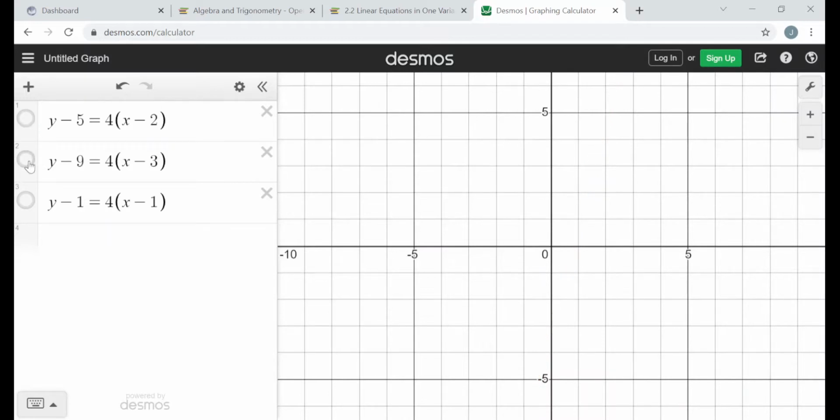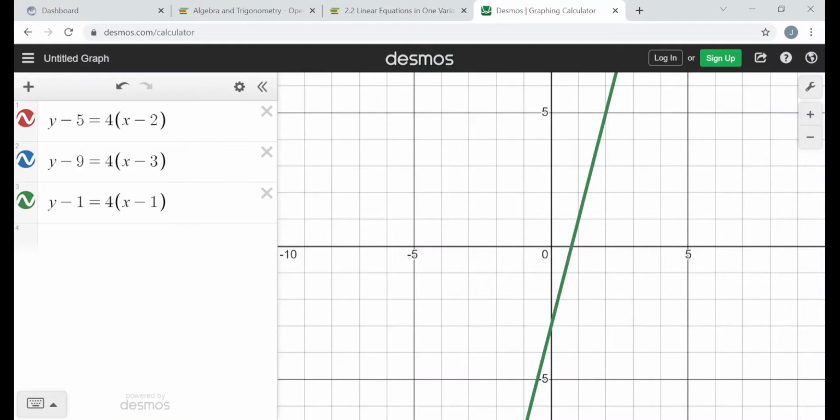And then you see when I deactivate it, all these lines are the same picture. They're all the same graph, all the same line. I just used a different point. Same slope, they all have a slope of 4. That's never changing. It's the point that I use that changes.